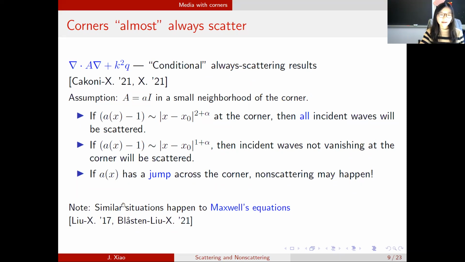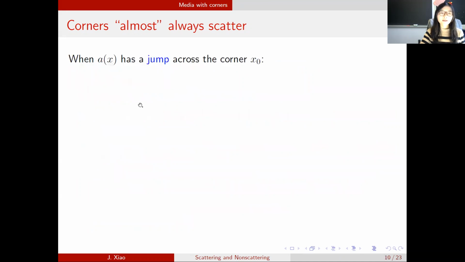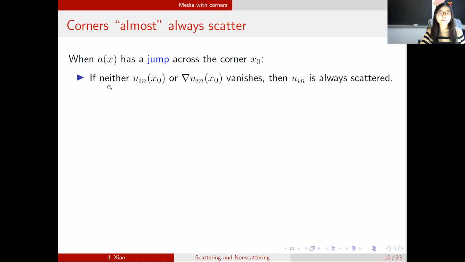So let's talk more about the case when A has a jump. In this case, we have the following. Suppose the incident field satisfies that neither the incident field itself nor its gradient vanishes. Then the incident field will always be scattered by this corner medium.